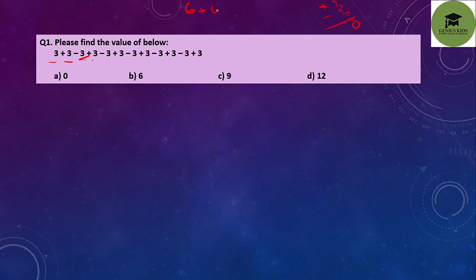So 6 plus 0, again -3 plus 3 is 0, again -3 plus 3 is 0, and again -3 plus 3 is 0. So the answer will be 6.